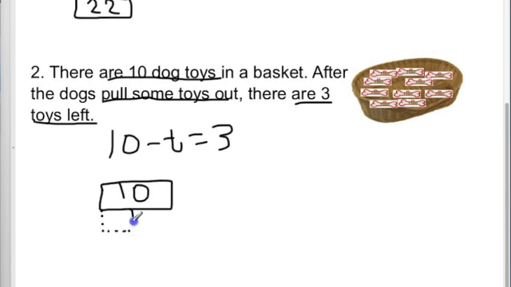And this part of the box is going to represent the t, because t has been subtracted away, and what we have left over equals 3. The 3 goes here. So this model shows 10 here is what we started out with. t is taken away from 10, and that leaves us with 3.